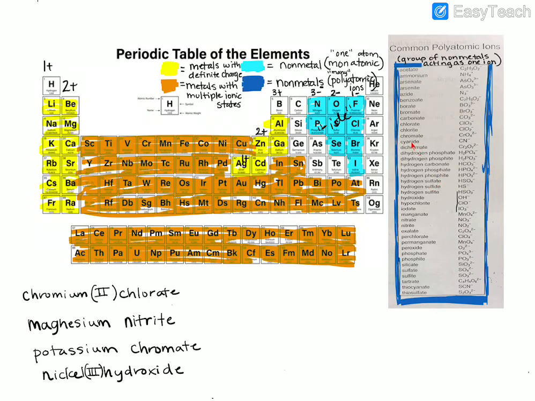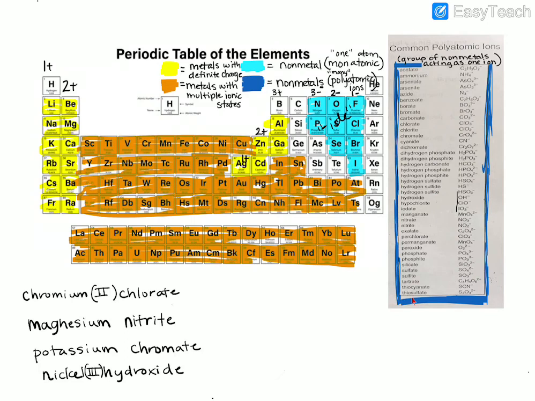The exceptions would be like cyanide, azide, ammonium, hydroxide, and a couple of others. But most of them end with ATE or ITE. If you're ever in doubt and you don't know what element this is, it's probably not an element. It's probably a polyatomic ion.